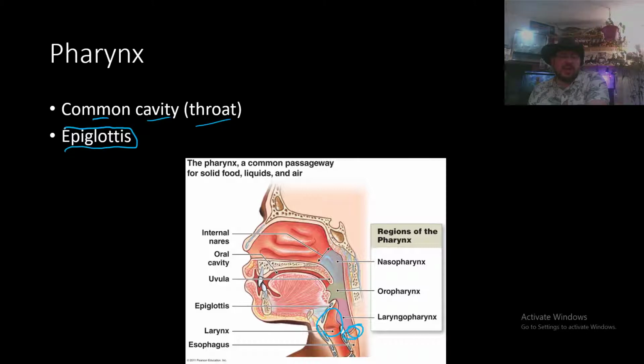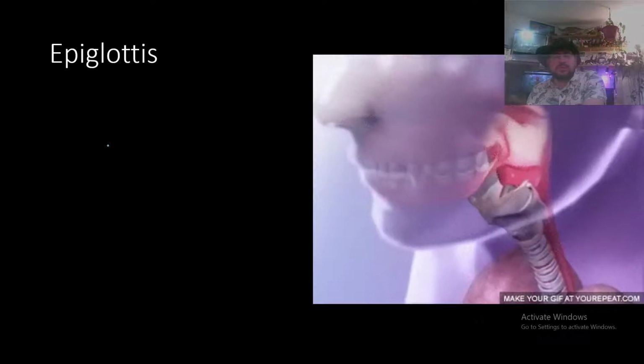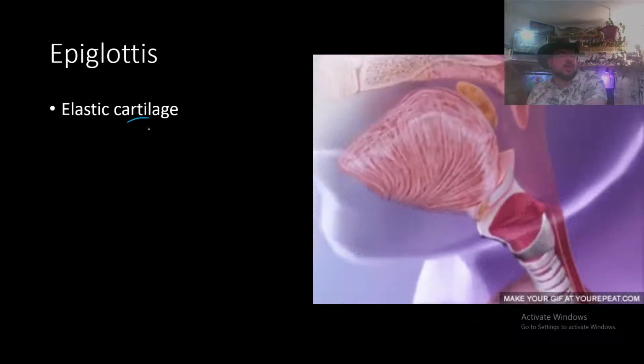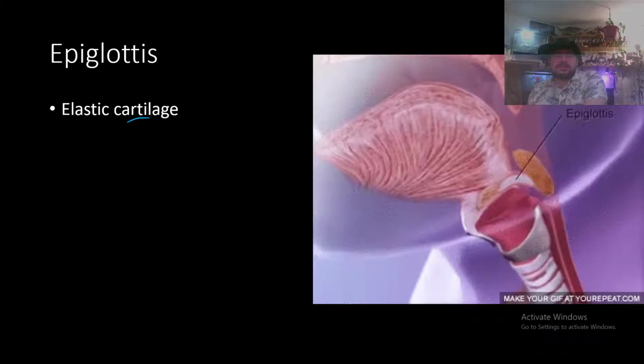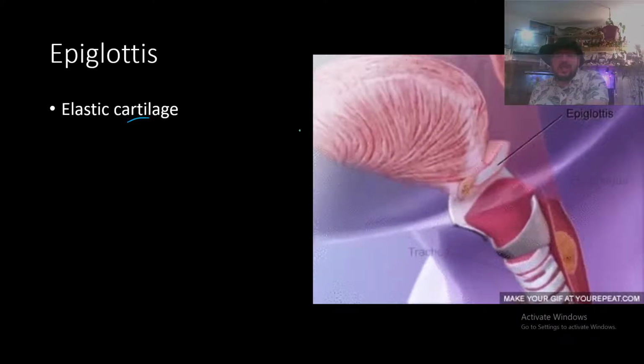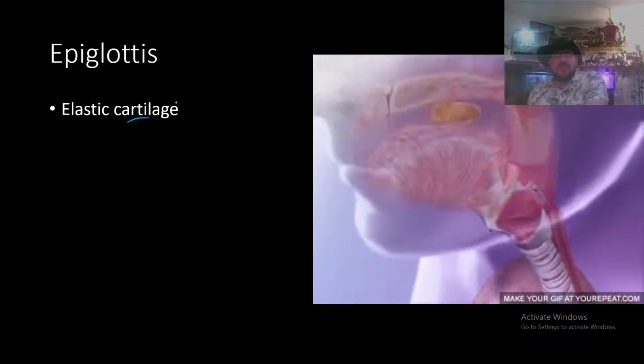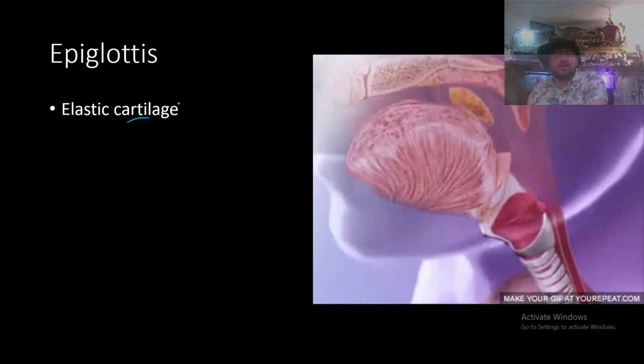The epiglottis is a little piece of elastic cartilage, or elastic connective tissue, that is extremely elastic, and it serves an extremely important function in that you don't breathe what you eat.